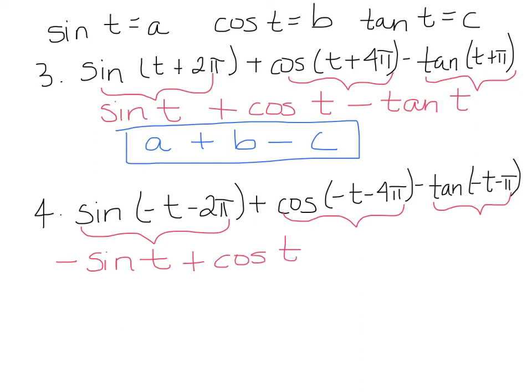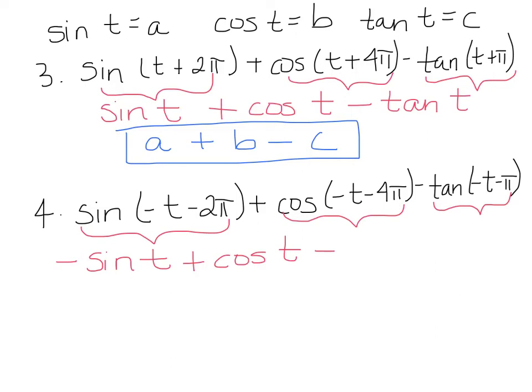Tangent is an odd function. So because of that, if you go clockwise, and the negative means clockwise, remember we're only looking at t. The 2 pi, the 4 pi, the pi, that just means that you had to go around the circle more than once, or more than its period.